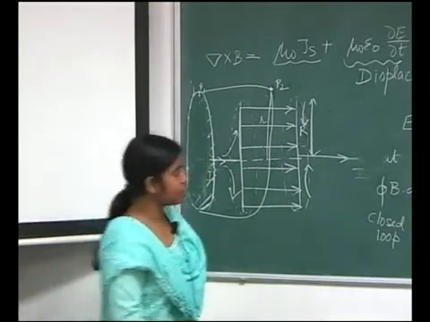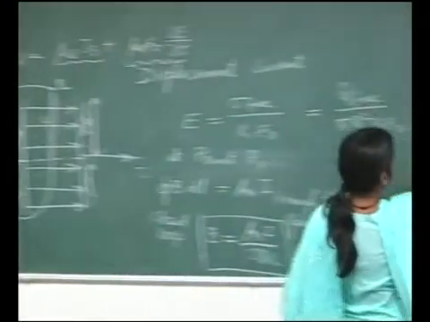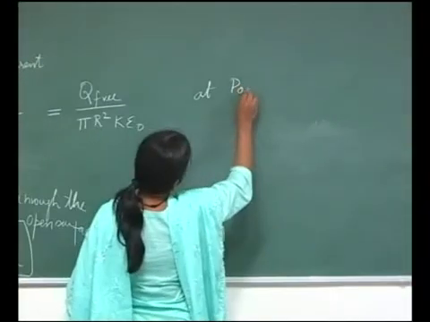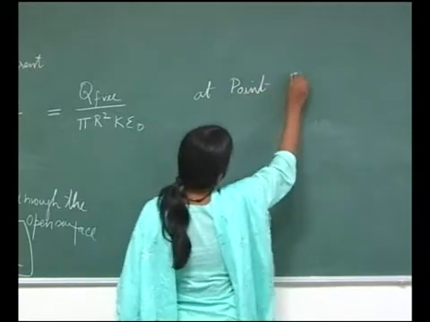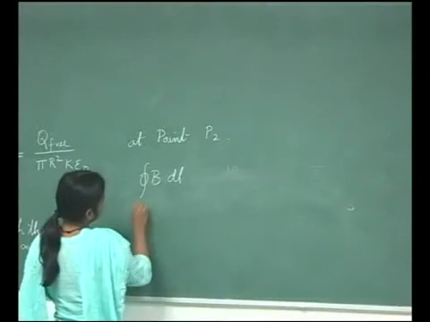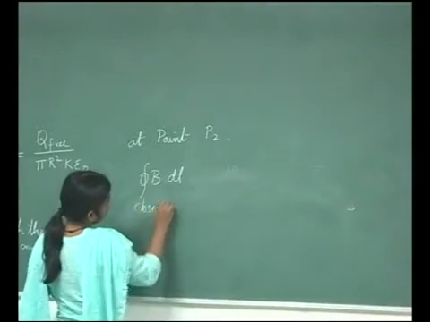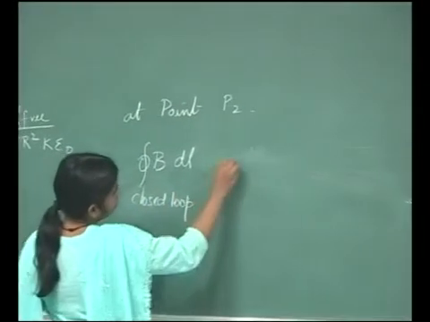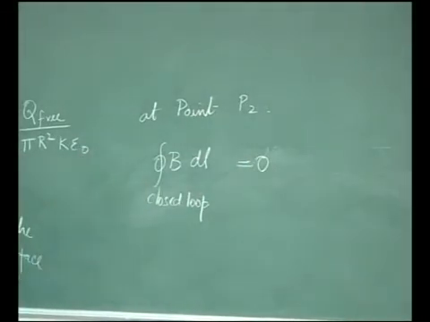So, it means I can write here at point P2 that the closed loop integral of B dot dl is equal to 0, isn't it? I can write this, and this is perfectly valid from Ampere's law.